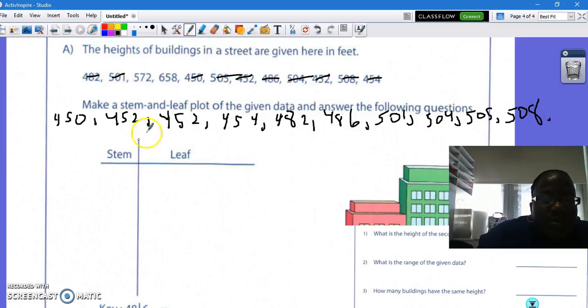Let's see, and then we have 572, and then 658. There they are.